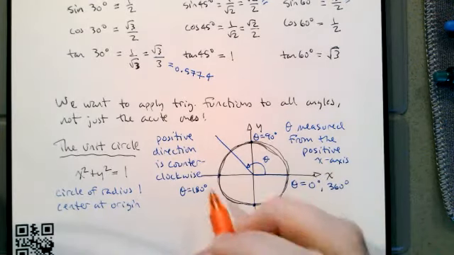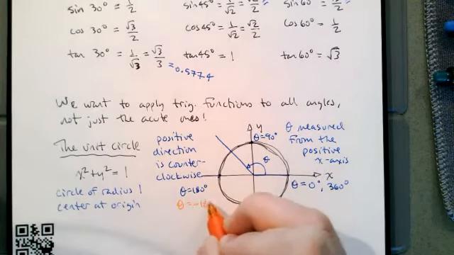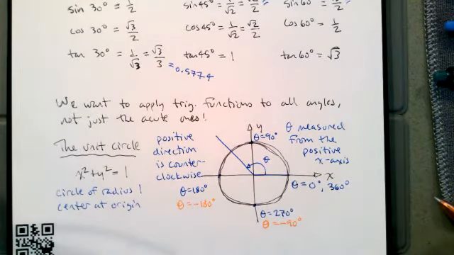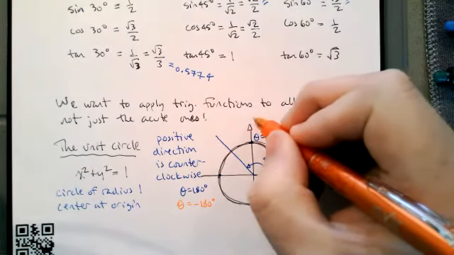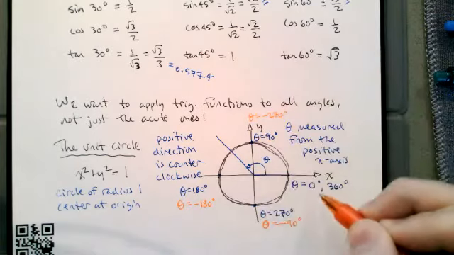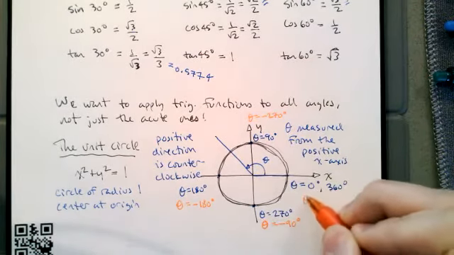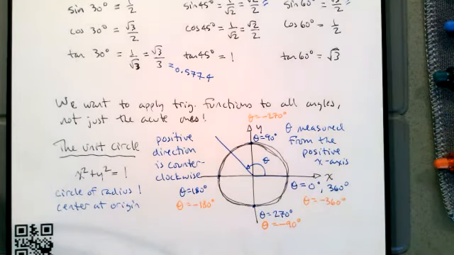If I keep going negative, the positive 180 is also a negative 180 degrees. It's really important to put the degrees here because we wouldn't want to say that 180 and negative 180 are the same thing. And then if I keep going up here at the top, theta is going to be negative 270 degrees. So this 0 can also be negative 360 degrees. So we have positive and negative angles.